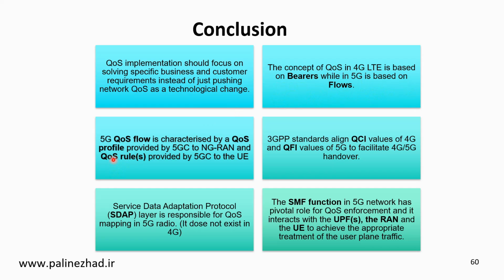It's clear. A 5G QoS flow is characterized by a QoS profile provided by the 5G core to the NG-RAN and QoS rules provided by the 5G core to the UE.